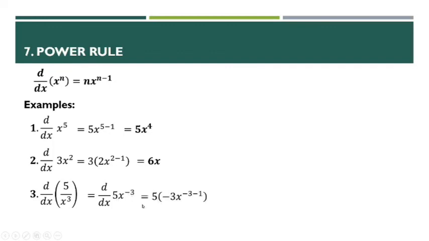And negative 3 yung n, so we have negative 3. Then x raised to negative 3 minus 1. We have negative 3 times 5 and negative 3 minus 1. So we have negative 15x raised to negative 4. Or, pwede natin ibaba uli, since naka-negative yung exponent, we have negative 15 over x raised to 4.